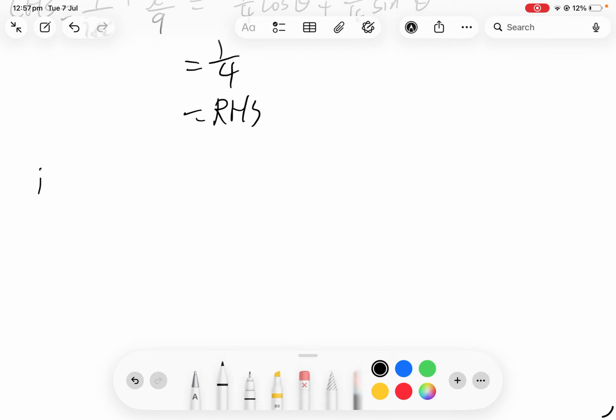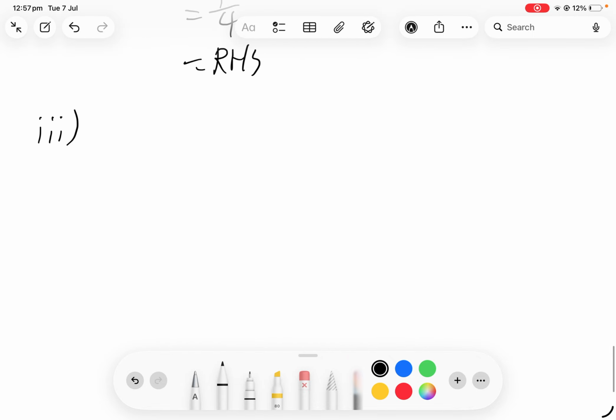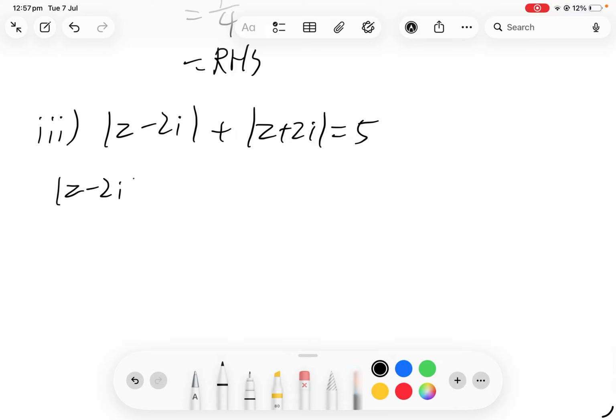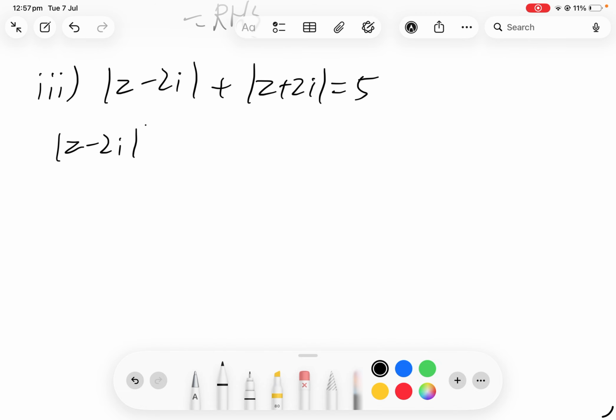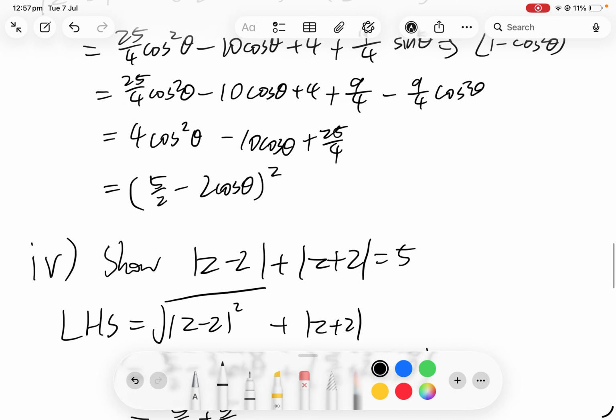And for part 3 of this question, it says show that this thing again. So basically it's the modulus of z minus 2i plus the modulus of z plus 2i equals 5. Okay, so z minus 2i, that should just equal to, well, if we square, that will literally become the same as this.